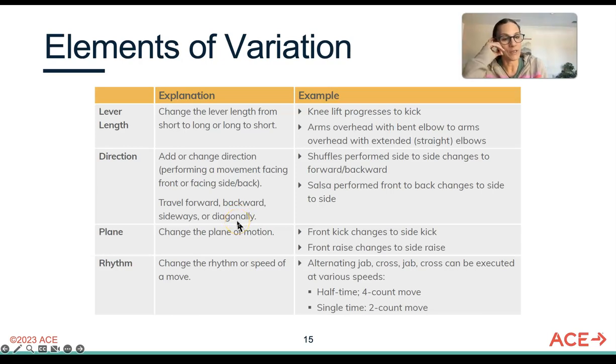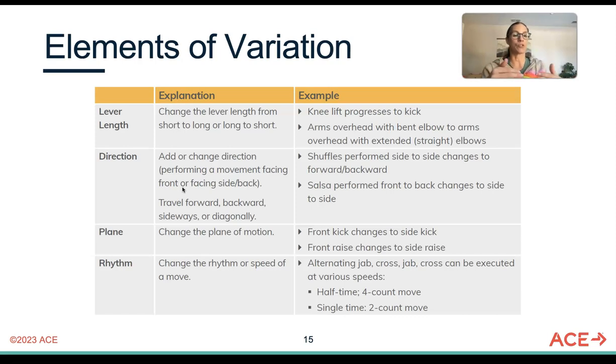Changing the direction can also add variation: perform the movement facing front, or facing side and back. I do this sometimes just for variation. I'll do jumping jacks to the front 8. Okay, turn to the right, turn to the back of the room, turn to the left. You might travel forward and backwards. So maybe I'm doing kickboxing uppercuts in place.